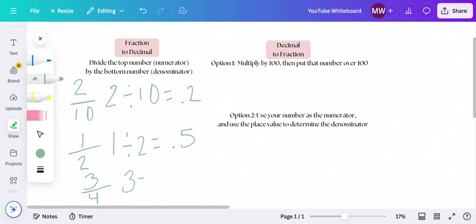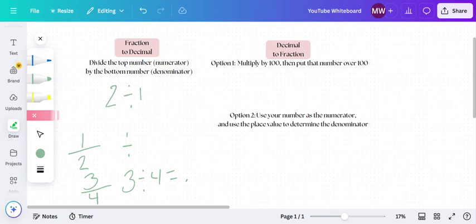We would do 3 divided by 4, and that would get us 0.75. I say you might already know that one because we know 3/4 of a dollar is 75 cents, so 3/4 is 0.75. Here are some other examples where you might not know the answer right off the top of your head, and so doing the actual division will help you.